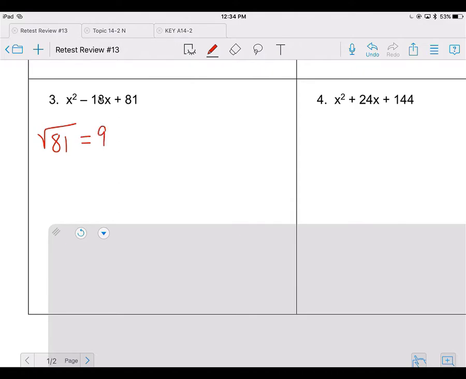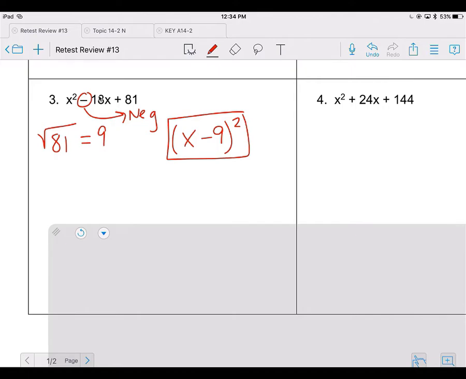This one's a little more normal if you use the box. You won't get gigantic numbers, so you can use the box and then pause here and see if you get the same thing. Because my middle term is negative, I will write x minus 9 squared.